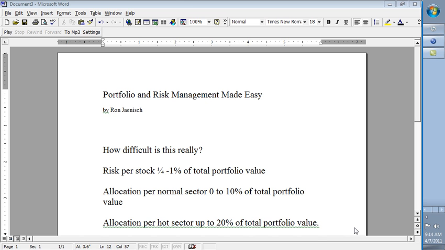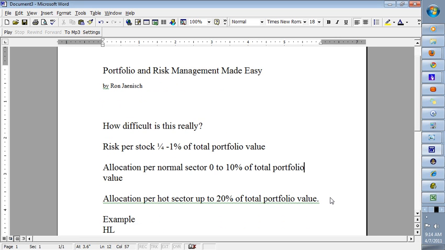So you make a list of sectors, and if you need some help with that, just take a look at ETFs and notice the different sectors in ETFs, and you'll see the different categories they cover. And one of the other things I'll do is, for a normal sector, I'll allocate up to 20% of the total portfolio value to things that I think are hot.